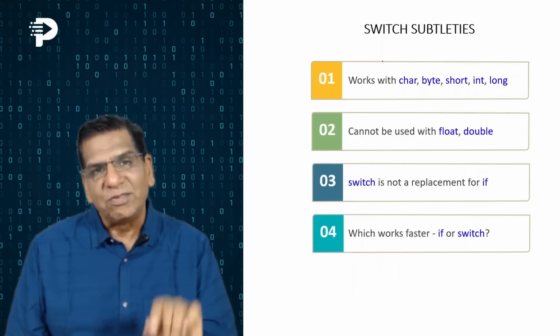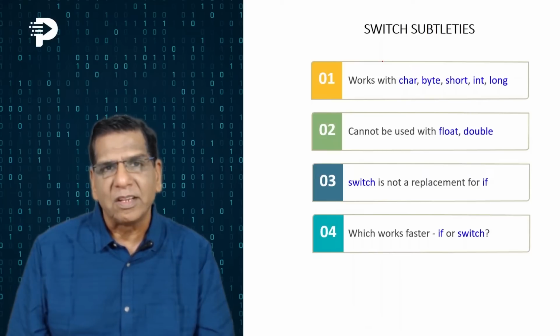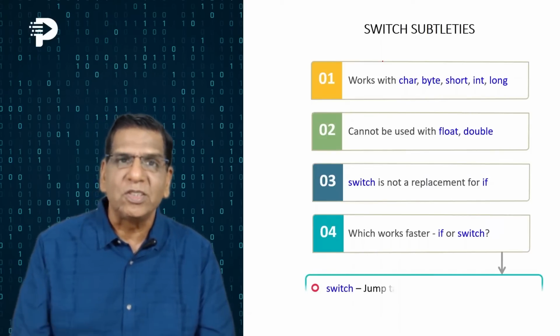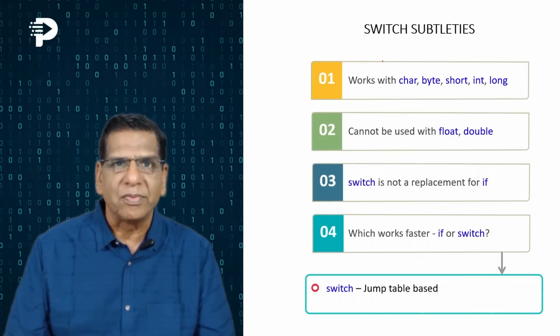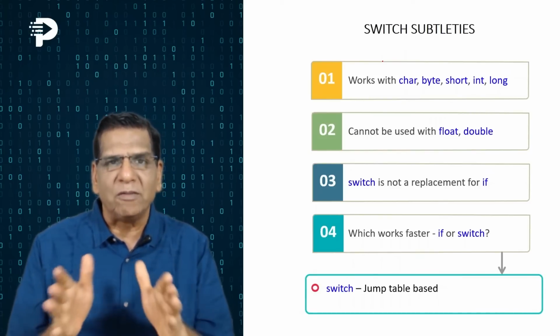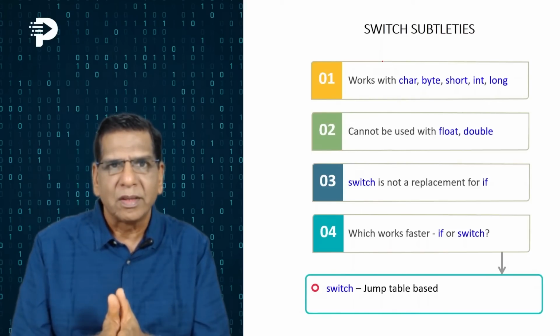Well, switch is likely to work faster than if. Why? Because switch is always implemented using what is known as a jump table. When you compile a program which uses a switch, a jump table is created in memory. That jump table contains what?